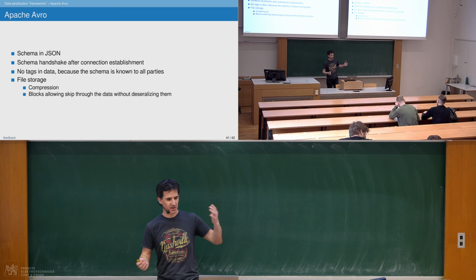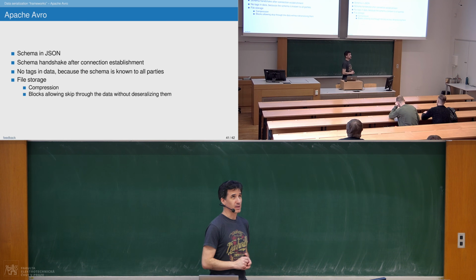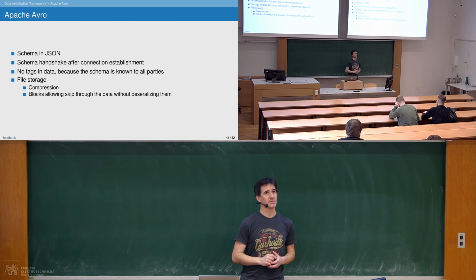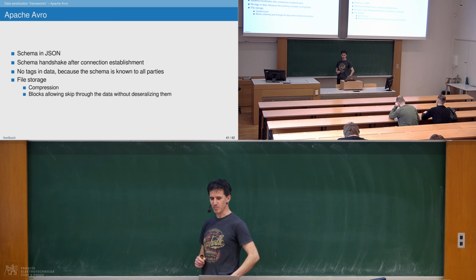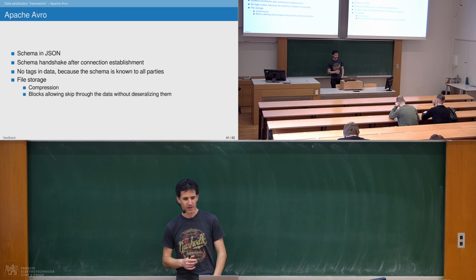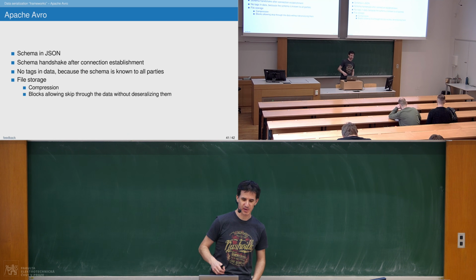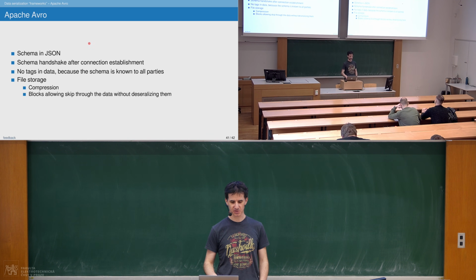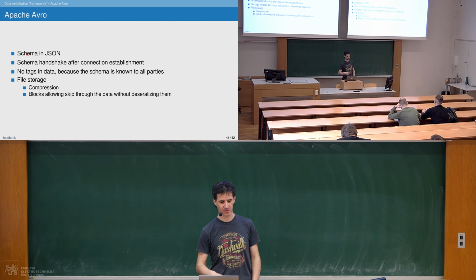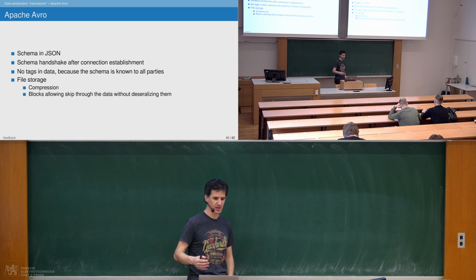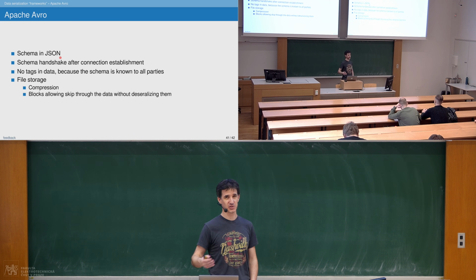It's a serialization framework, but it has a few differences from Protocol Buffers, Cap'n Proto and so on. One difference is that it doesn't have a special language for defining data structures. The data structure of the communication is called a schema here, and it's defined via JSON format.